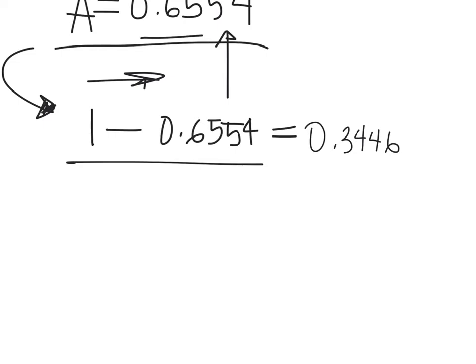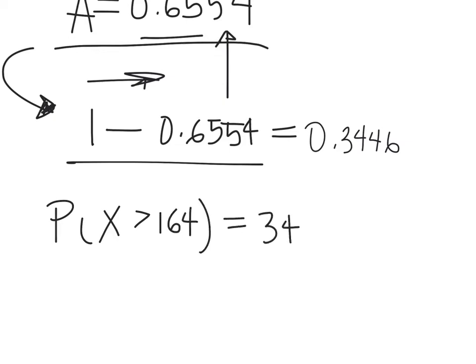The area is the value of the probability. So the probability that the student will have a height, that's your x, greater than 164 is equal to 34.46%. The chance of that student having a height higher than 164 is 34.46%.